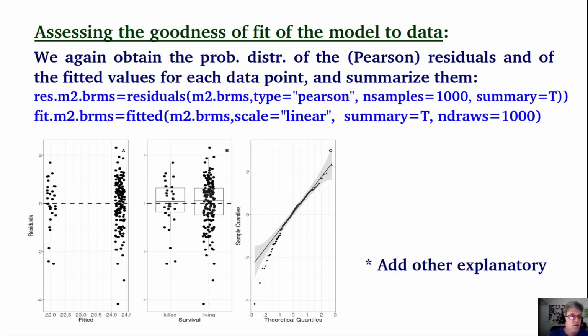So first we see the plots of the residuals against the fitted values, and we see essentially two clouds, and this is simply because we essentially have two groups whose means are segregated, one around 22 millimeters and the other around 24 and a half.